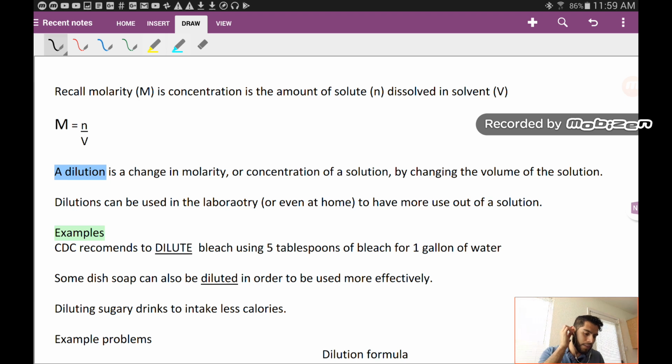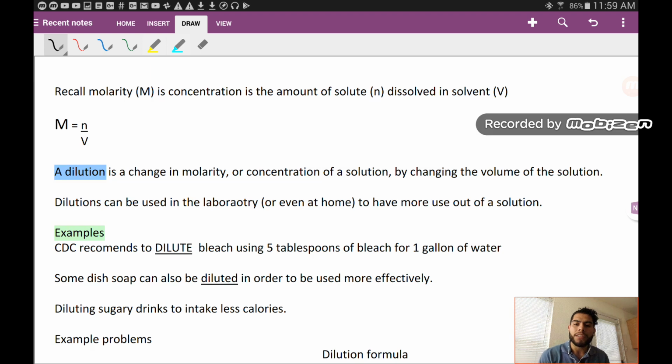And really, dilutions are used for different reasons. For example, whenever we buy hydrochloric acid, it comes in a very concentrated solution, and because it's so concentrated, we can make lower concentration solutions from it. It's kind of like saying we buy this big container of soap, and then we can dilute it to use it more effectively, right?